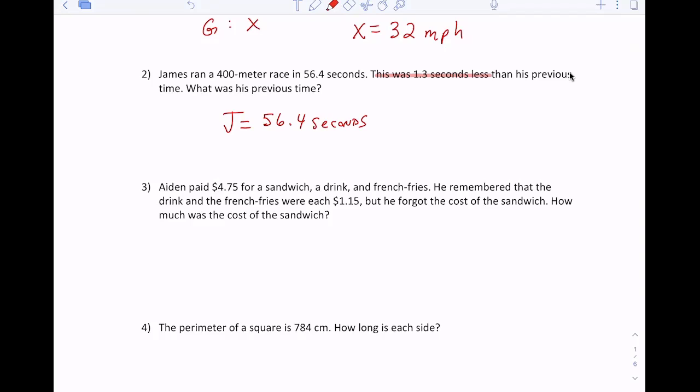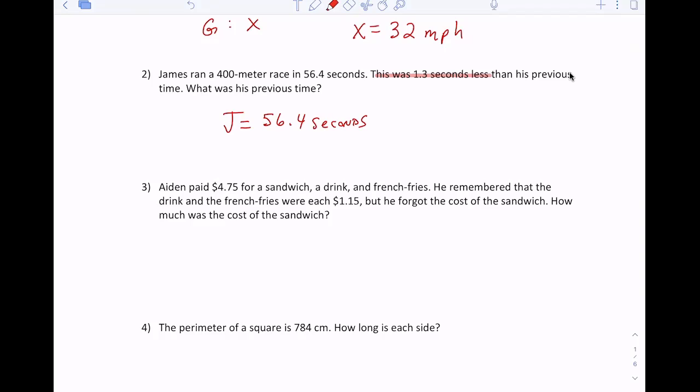All right? It says James ran a 400-meter race in 56.4 seconds. This time right here is 1.3 seconds less. So that means the race before, he ran in more time or less time? He ran in more time.